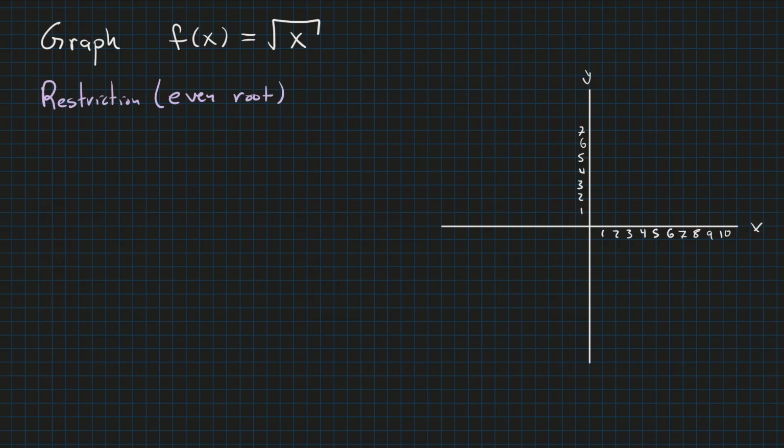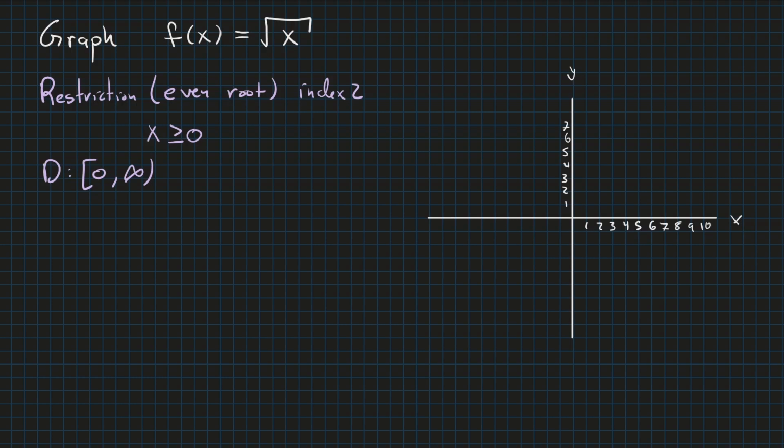This is a square root, so this is an index 2. We have the restriction that x has to be a nonnegative number, because as we saw with the fourth root or square roots, you cannot take a square root or a fourth root or a sixth root of a negative number. So our domain here is going to be 0 to infinity. You can only plug in nonnegative numbers to that.